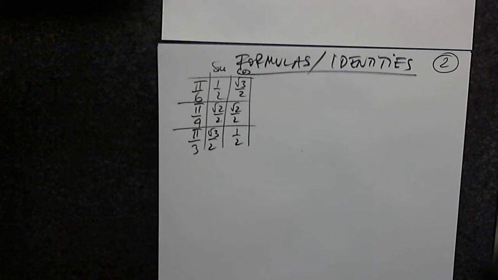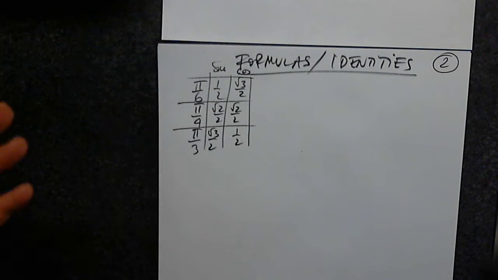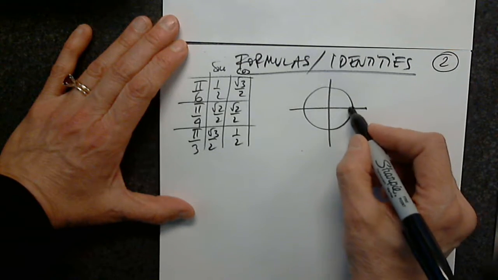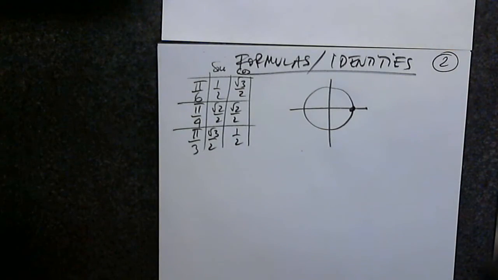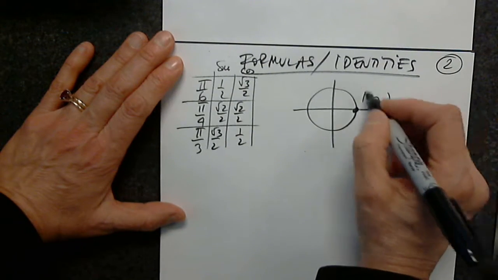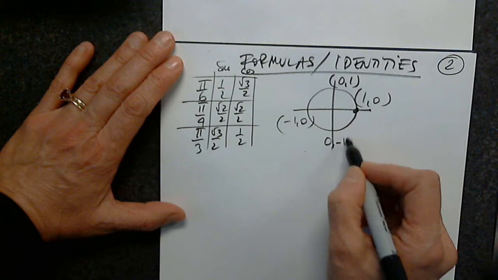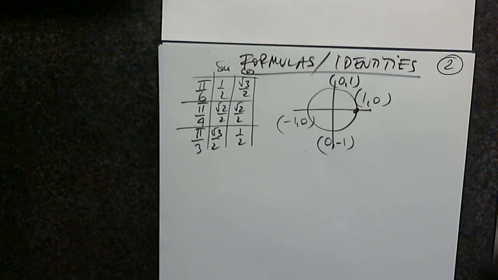So I need to remember this, right? By now, I'm sure you're dreaming about this. Okay, then on the unit circle, I need to remember, although I shouldn't have to, 1 comma 0, 0 comma 1, negative 1 comma 0, and 0 comma negative 1. I shouldn't even write this down because we know those coordinates, right?